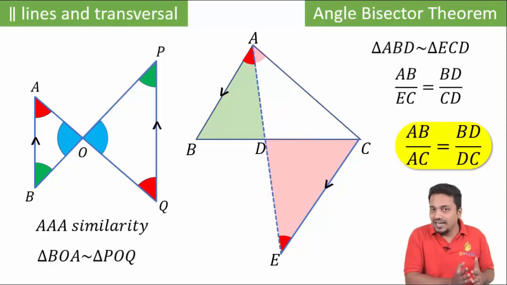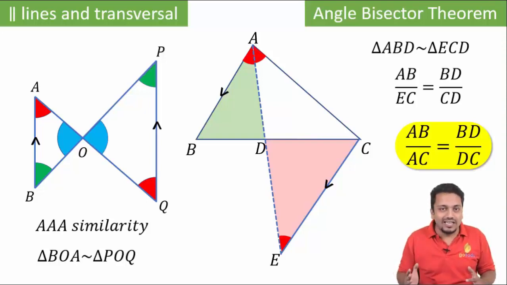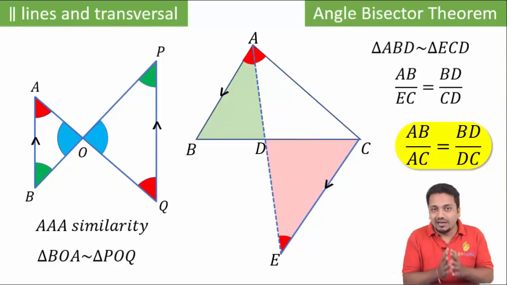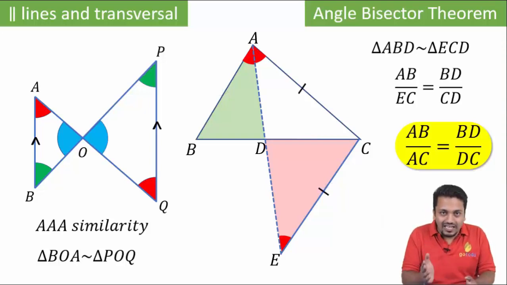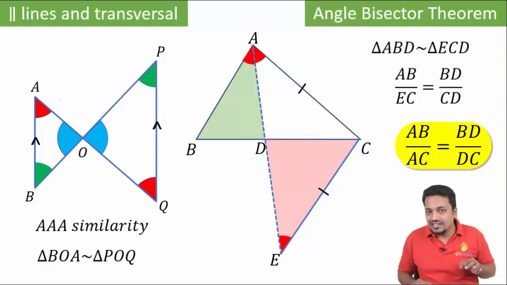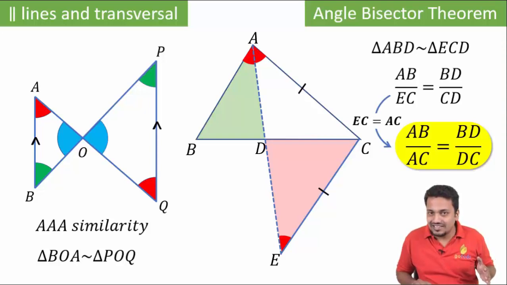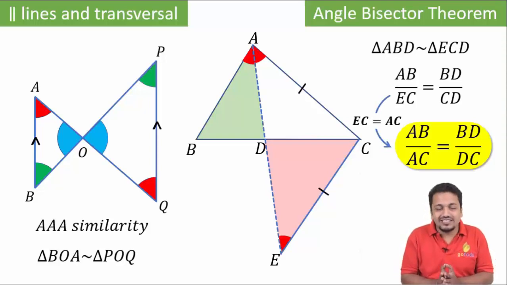Also, angle BAD is equal to angle DAC, as AD is the angle bisector of angle A. So AC and EC will be equal. Sides opposite to equal angles are equal. So in place of EC, I can write AC and get this property as AB upon AC is equal to BD upon DC.